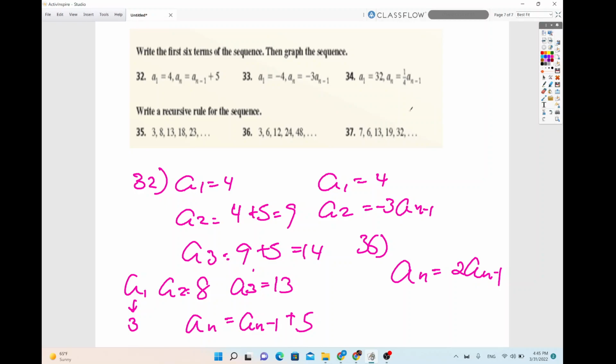So we do have 7, 6, 13, 19, and 32. So how do we rewrite the recursive formula for this kind of structure? So this one is one of the interesting ones. From 7 to 6, and then 6 to 13, and then 13 to 19.